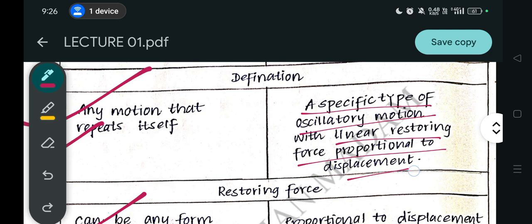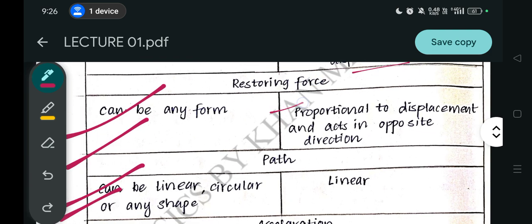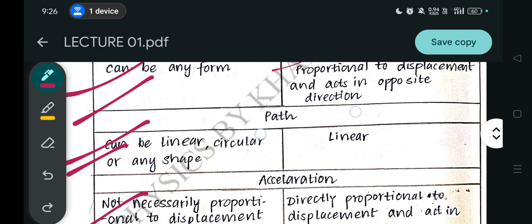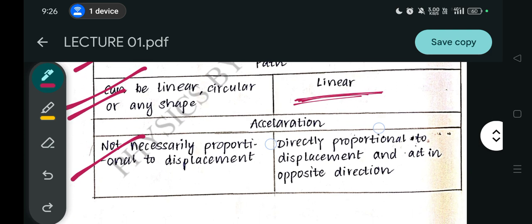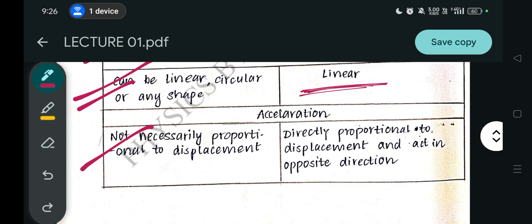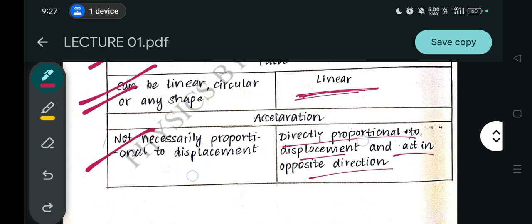In simple harmonic motion, the restoring force is proportional to displacement and acts in the opposite direction. In SHM, the path is always linear, and the acceleration is directly proportional to displacement and acts in the opposite direction. Now we will study more specifically about simple harmonic motion.